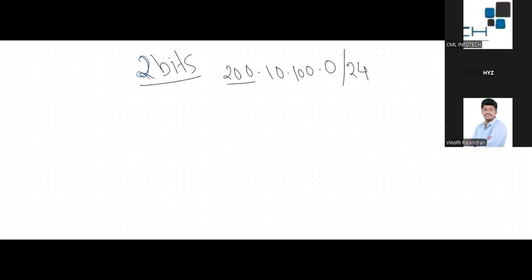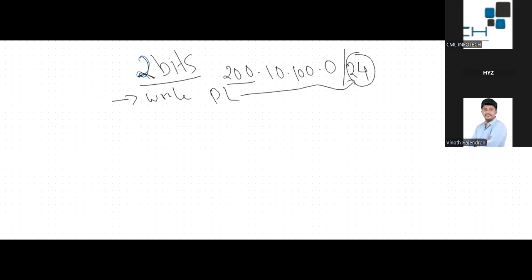No need to always give the same one, any class C address works as a beginner to learn subnetting. Now, 2-bit subnetting. So the first task, write the PL. What is PL? This is the prefix length.